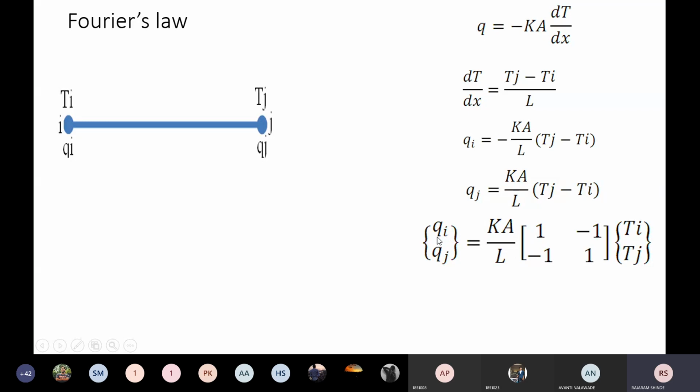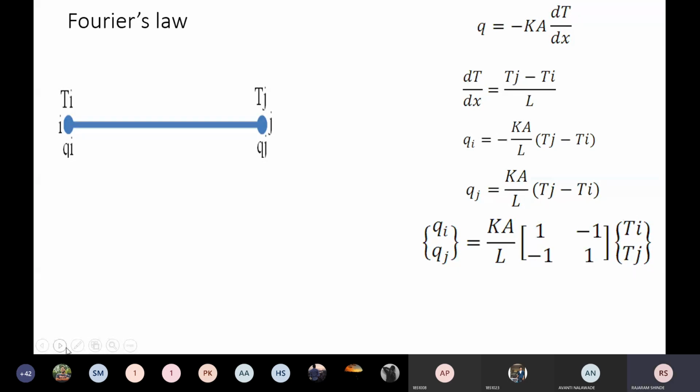You see this first equation, Qi is equal to K by L into Ti minus K by L into Tj, and second equation Qj equal to minus K by L into Ti plus K by L into Tj. Have you got it?